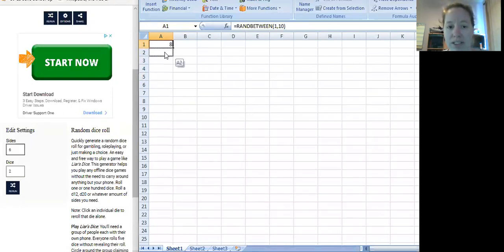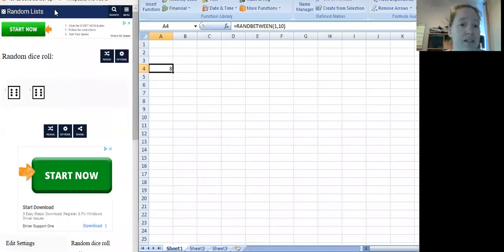We can do the same thing that we had the previous time, where we were on randomlists.com/dice, and we can do it over there like that. You can also generate random numbers on your calculator.